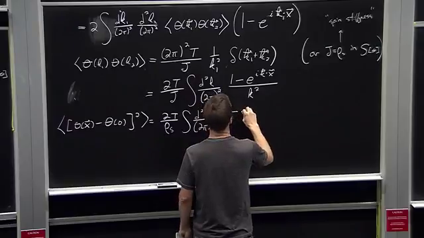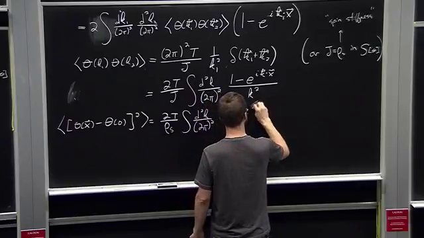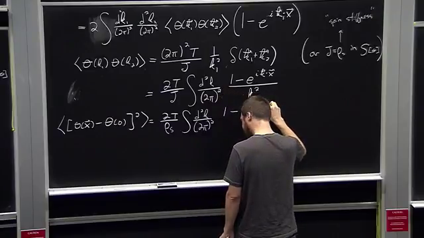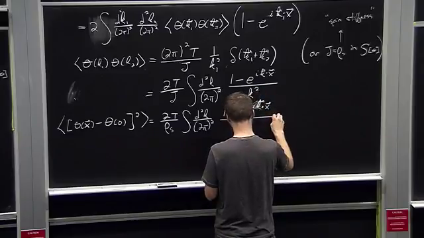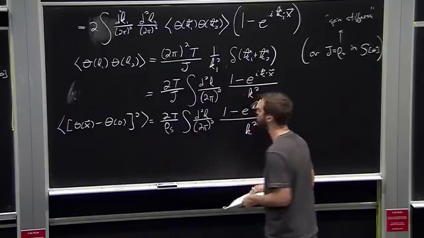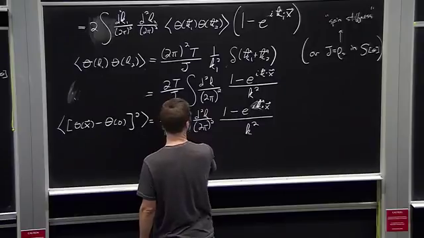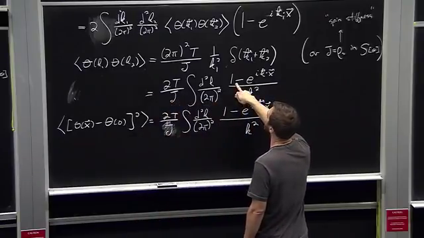One minus e to the i k x. Oh, I started calling it r. k dot. Nope, this is my J here, sorry. Oh, I just wrote the same thing twice. Oh, yeah, okay, I think I screwed this up here.